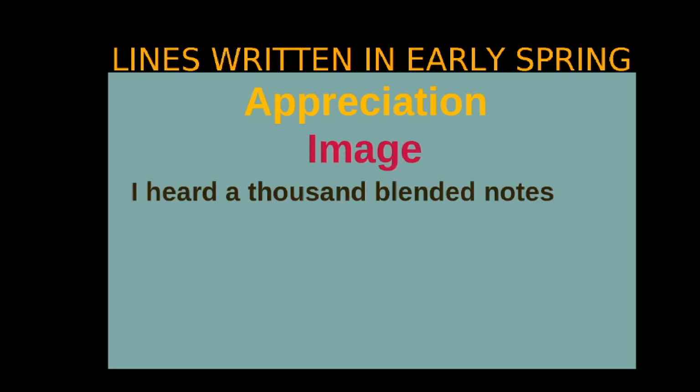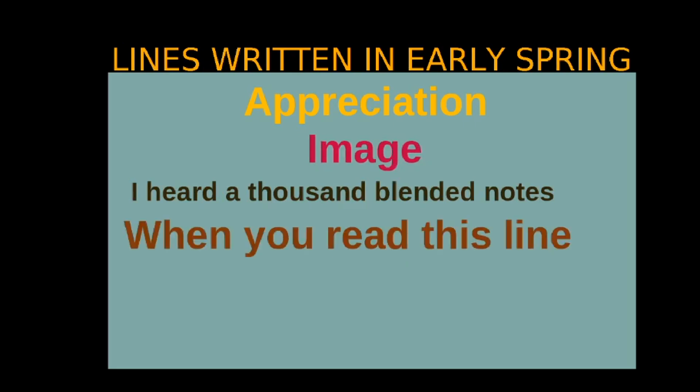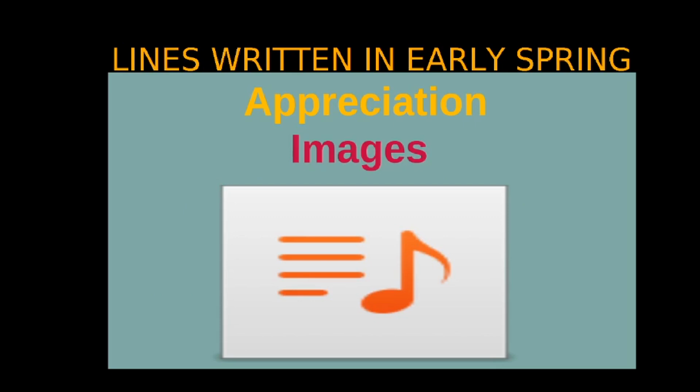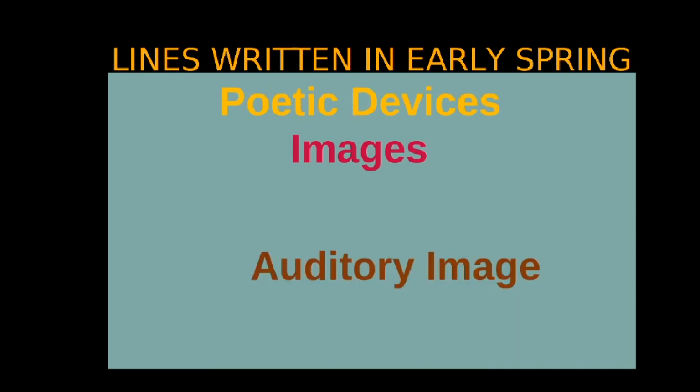Next one, I heard 1,000 blended notes. When you read this line, you get a sound in your mind. This is auditory image. When you get a sound in your mind, it's an auditory image.